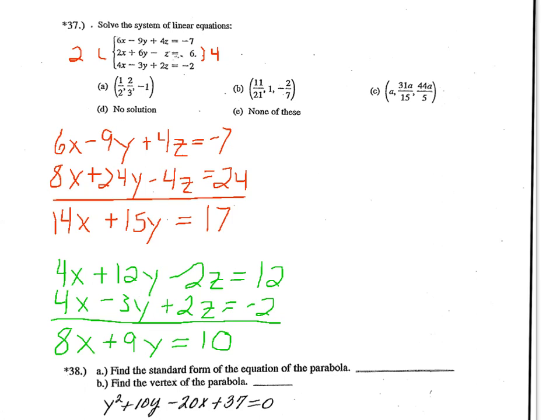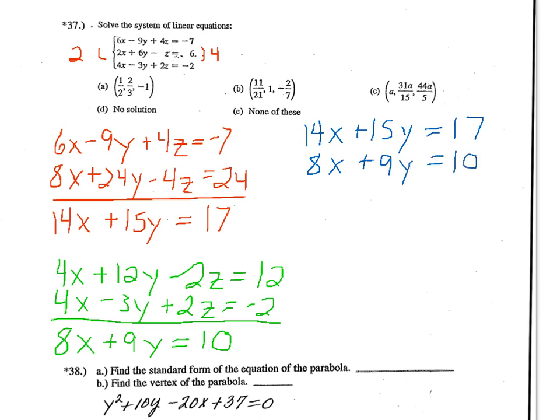So we are left with the two variable equations, 14x plus 15y equals 17, and 8x plus 9y equals 10.